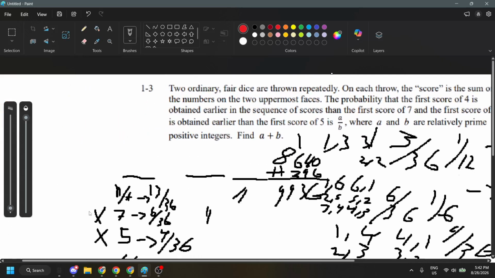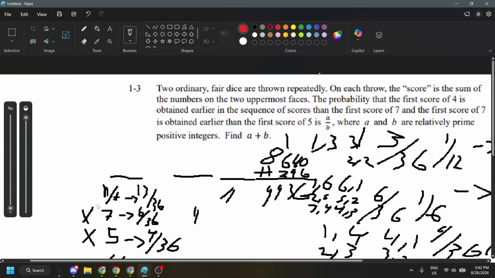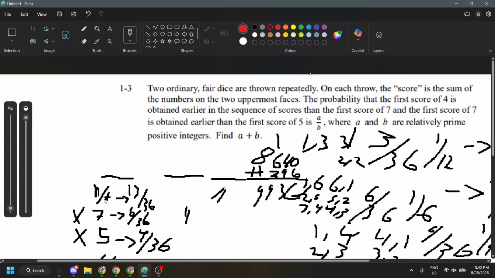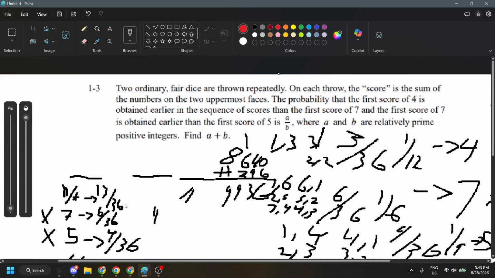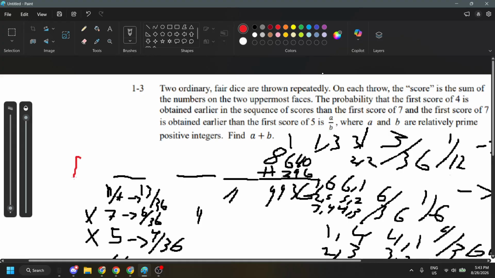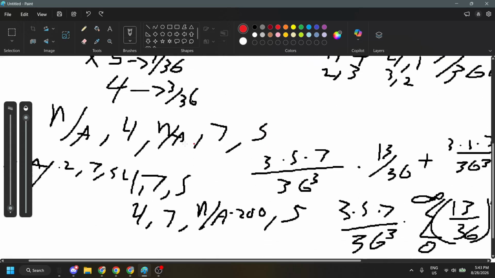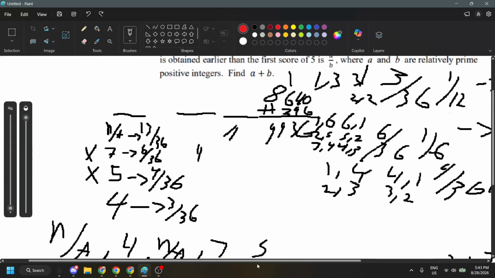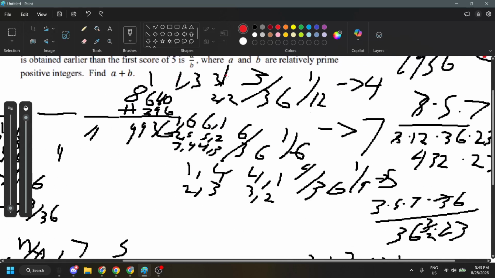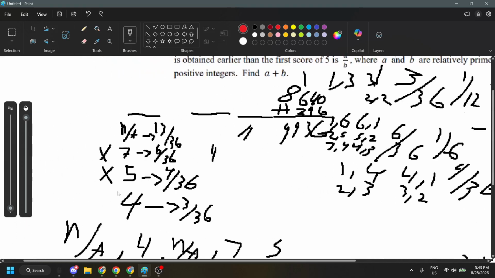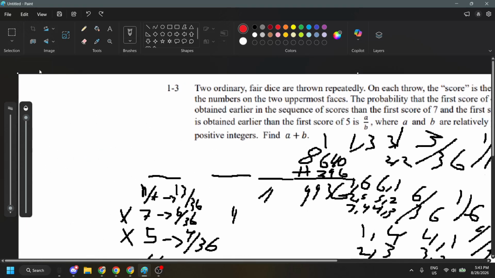What they said is that any of the rolls are equally likely to happen, given that they're symmetric. So if we say out of the 13 interesting rolls we have, there is a 3 out of 13 chance for the first of these rolls we get to be this one.